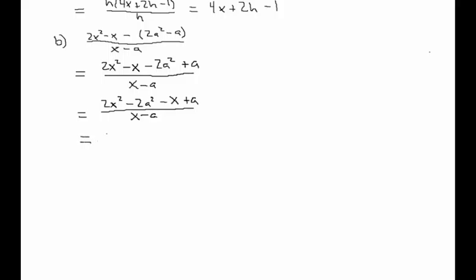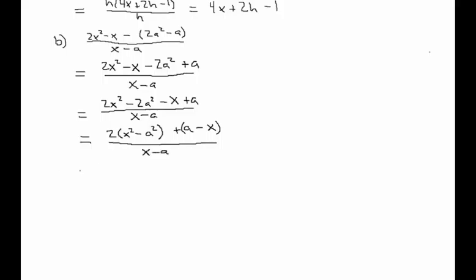So I have 2 times x squared minus a squared. And now I'm going to rearrange the other two terms in the numerator. Instead of writing minus x plus a, I'm going to write plus a minus x. And I'm going to put that in parentheses, all divided by x minus a.